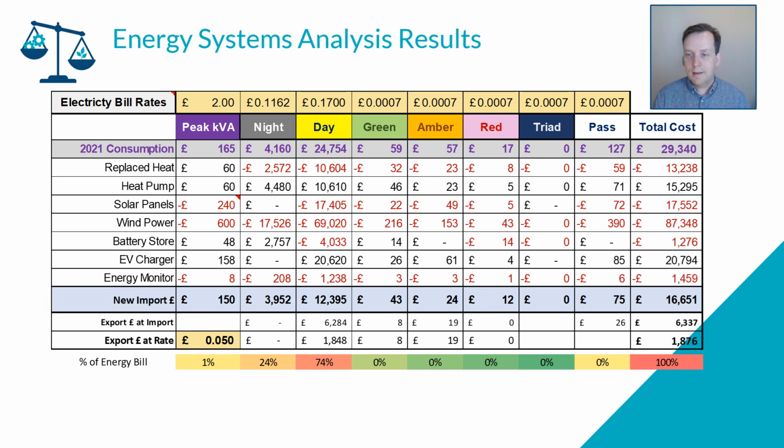So all of these figures need to be considered. Peak kVA, just mentioned again, in the UK will become more significant relative to the red, amber, green charges and the triad charges going forward. So it's all about your network capacity, and you have to start thinking about that.